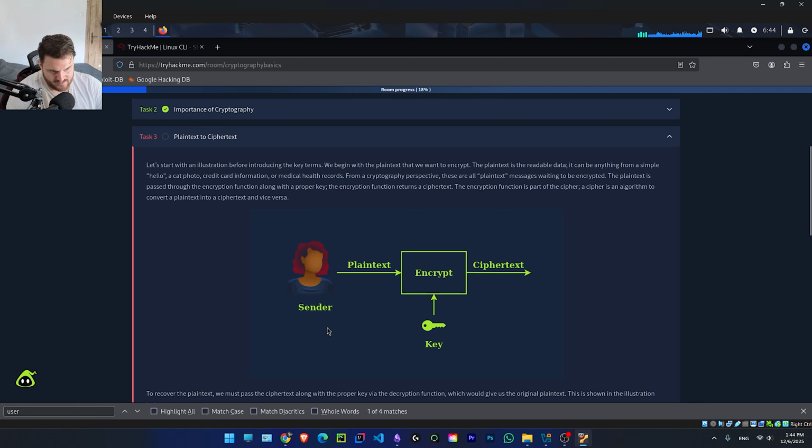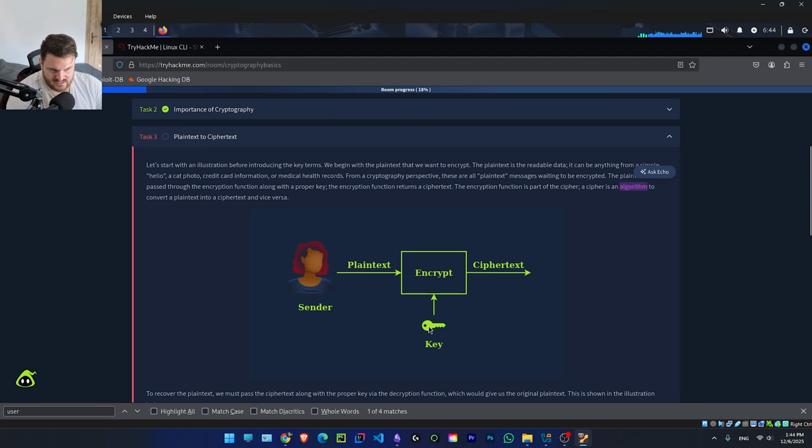Here we see the diagram. We want to send data in plaintext because it's much simpler and that's what we understand. It goes through the encryption algorithm, the cipher algorithm, which has the key for the ciphertext.